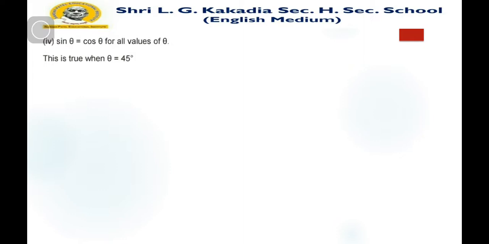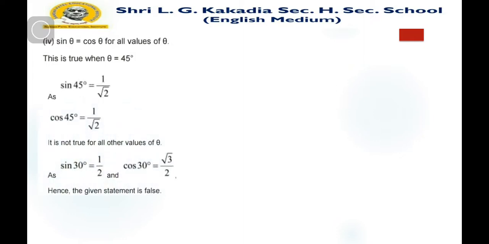Then they are equal. But for other values, we cannot say that sin theta is equal to cos theta. Sin 45 is equal to 1 over square root 2, and cos 45 is equal to 1 over square root 2. It is not true for other values of theta, as sin 30 is equal to 1 over 2 and cos 30 is equal to square root 3 by 2. Hence the given statement is false.